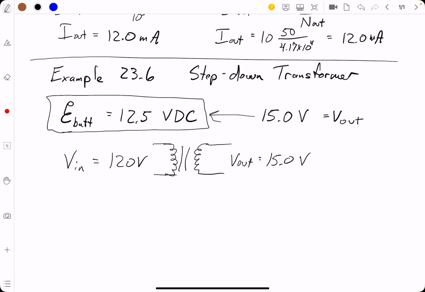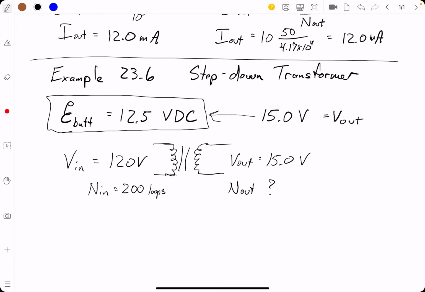N in is equal to 200 loops. So how many loops are needed for N out? The question is, what is N out?